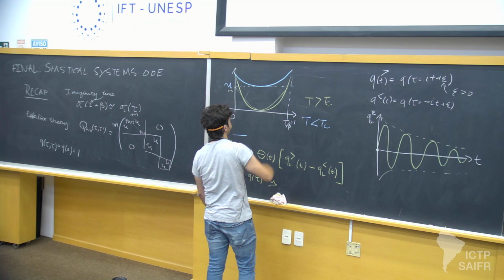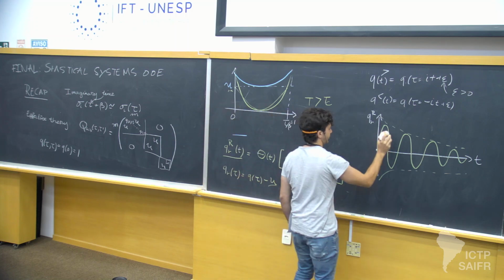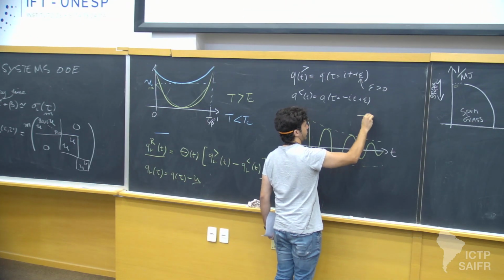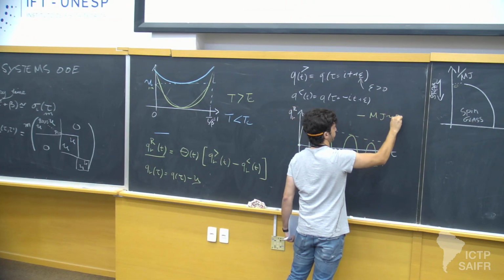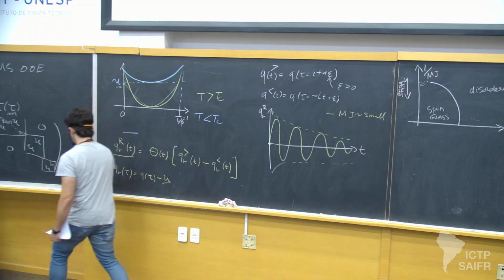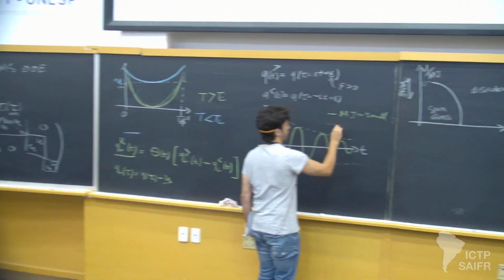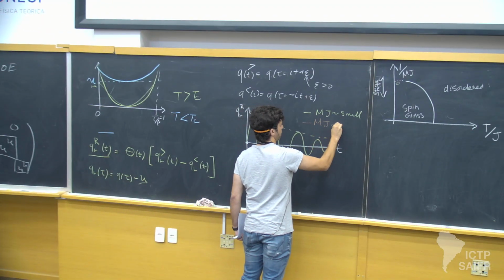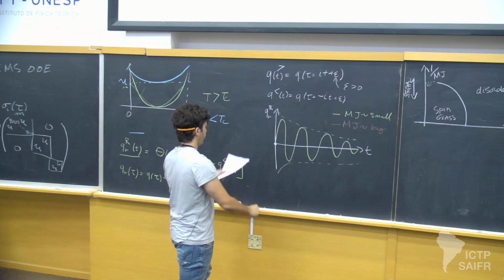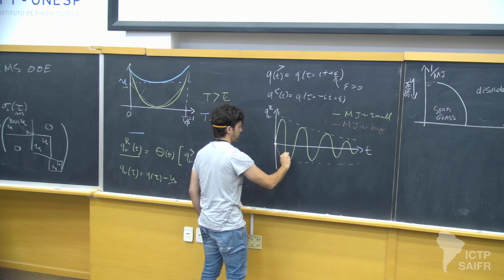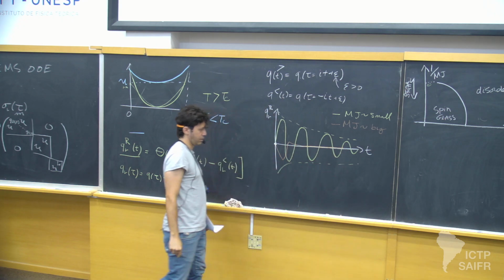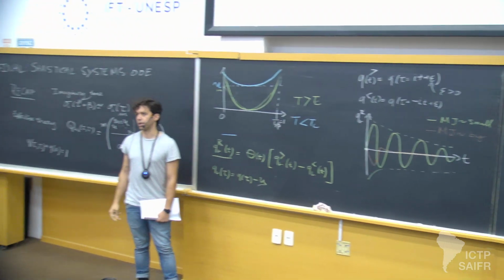Remember, green was the bad color, so we're just going to change the color. So this is mJ small, and orange for mJ big. So for mJ big, this thing wiggles maybe once and then decays. And this is both in the spin glass phase.